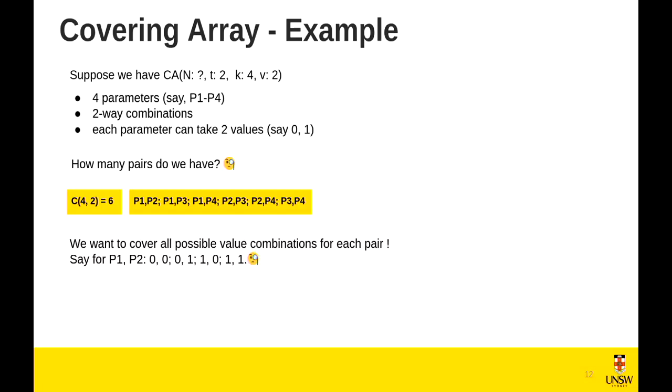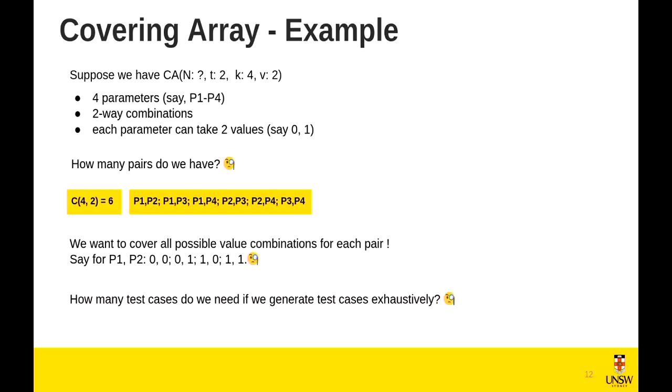So how many test cases do we need if we try to generate the test cases exhaustively? Actually, it's not that simple. Sorry, I just made a mistake. Actually, we don't need that many. We don't need to simply multiply these two numbers. There are 4 combinations per pair, and we have 6 pairs, so it's 24.